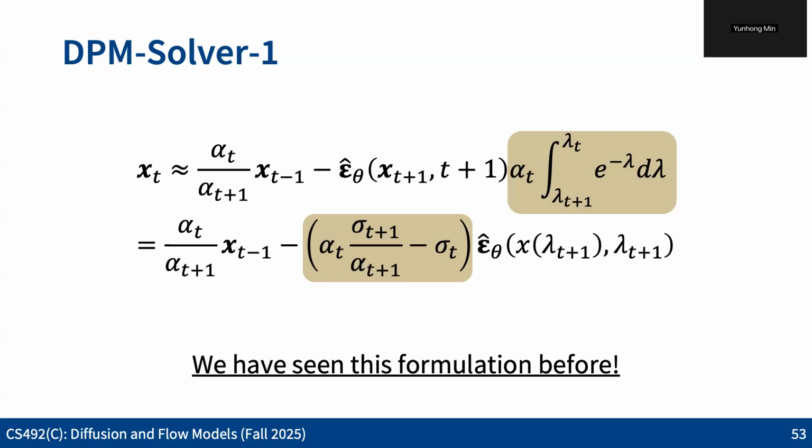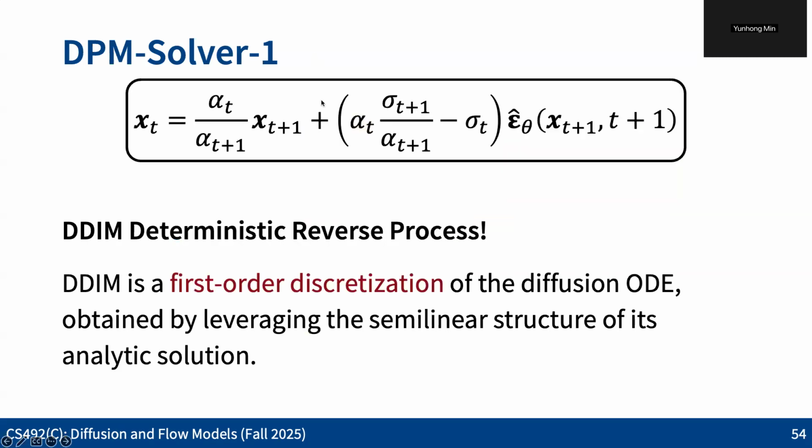Do you remember where we have seen this before? If you don't remember, I recommend you check all the slides again. This is exactly the formulation of DDIM, the deterministic sampling.